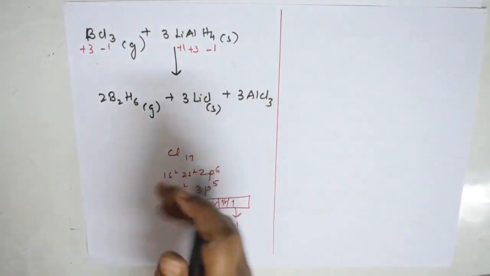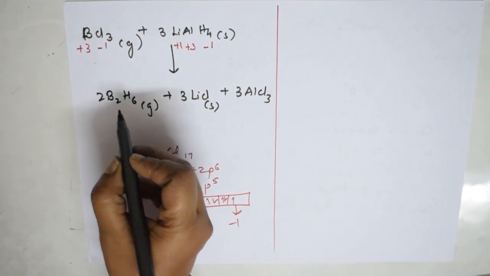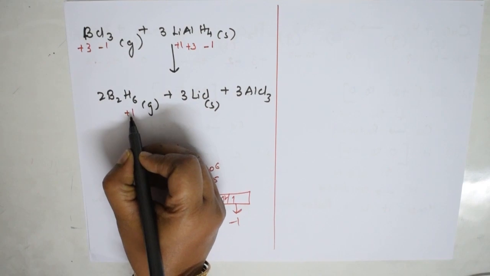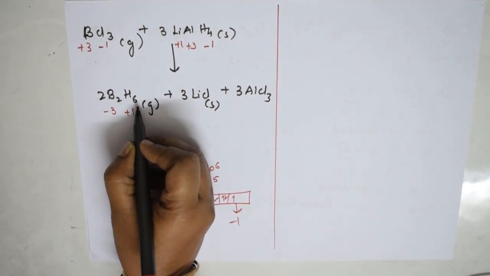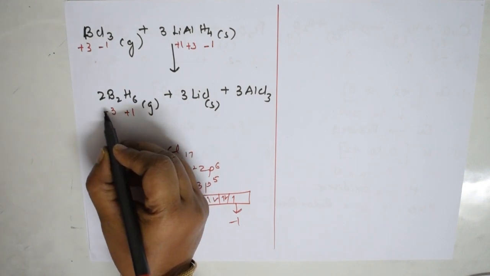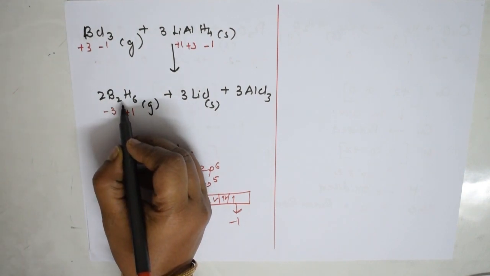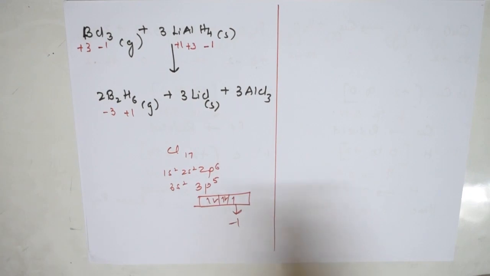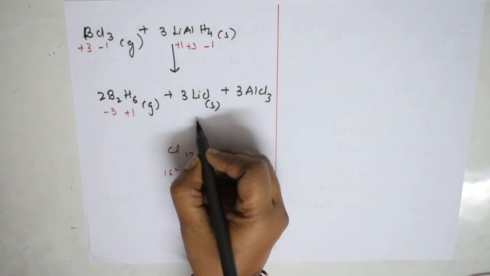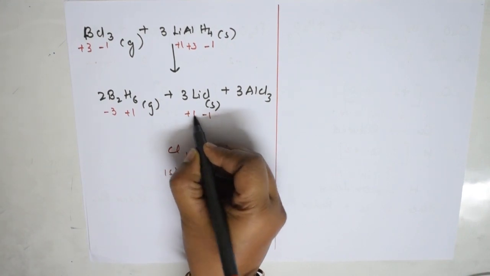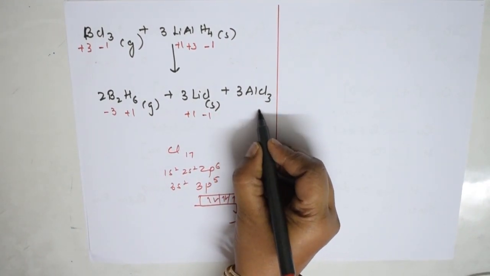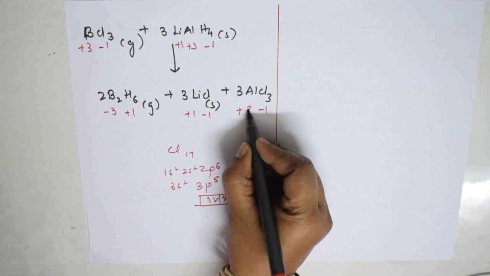Done. Now in B2H6, hydrogen is +1, boron is -3 because 2 2s are 4. Okay, done. In lithium chloride, chlorine is -1, lithium is +1. In aluminium chloride, chlorine is -1, aluminium is +3.